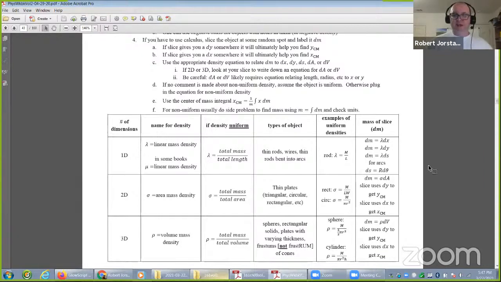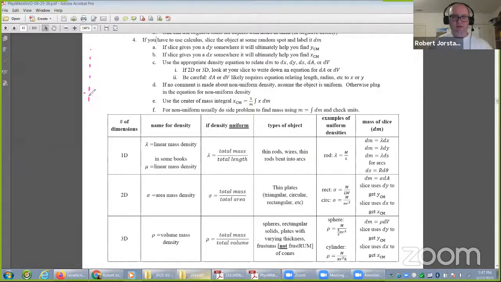Let's say we have some random looking shape, and this is our coordinate system. Maybe you're cutting some sheet metal and it takes some weird shape that isn't easy to break into pieces.